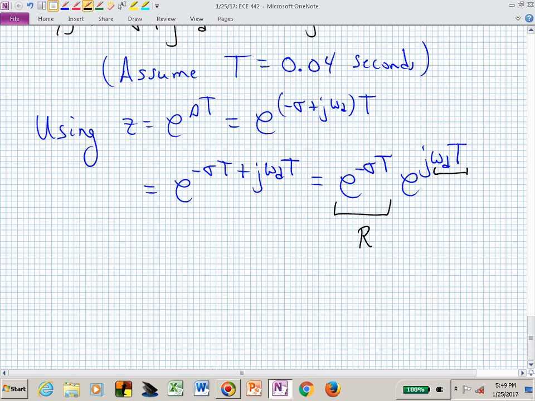We might just collapse that omega sub d T into an angle theta sub d. So now we started in the S-plane at minus 3 plus j2. We've now found that it is equivalent to some location in the z-plane at some radius away from the origin, at an angle of theta sub d.